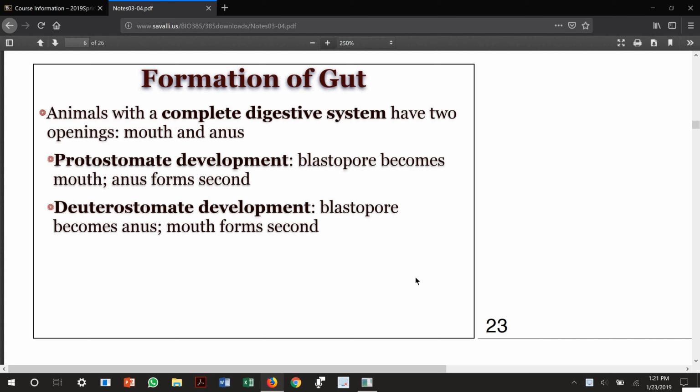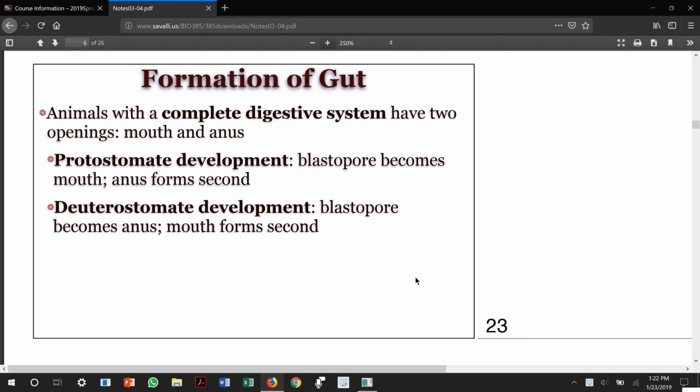So what that means is that when you start with a gut that has a single opening, the blastopore, that blastopore can basically develop into the mouth, which means you need to form a second opening, the anus, elsewhere, or vice versa, that blastopore can become the anus and the mouth forms secondly. And so that gives us two more kinds of development: protostomate versus deuterostomate development. If you've heard of any of these terms, it's probably these two in intro bio.